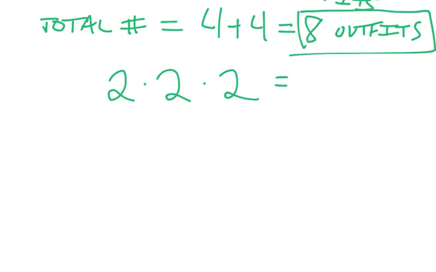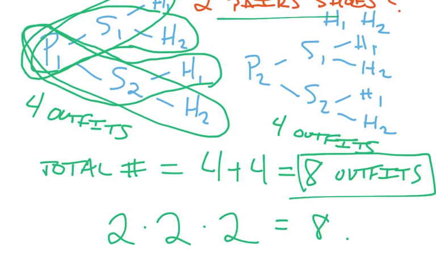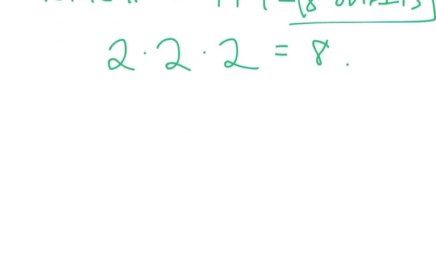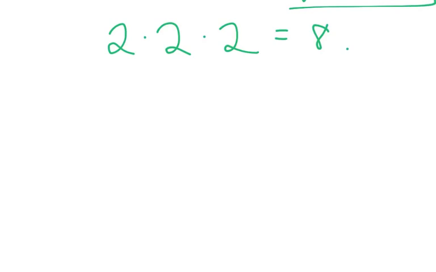Multiplying those together, 2 times 2 times 2, gives us the 8 total options that we found by drawing them out using diagrams and taking up a lot of time and space. Right, in other words, the same fundamental counting principle still applies. We still just multiply together the total numbers of things that we have, and multiplying them all together gives us the total number of options.